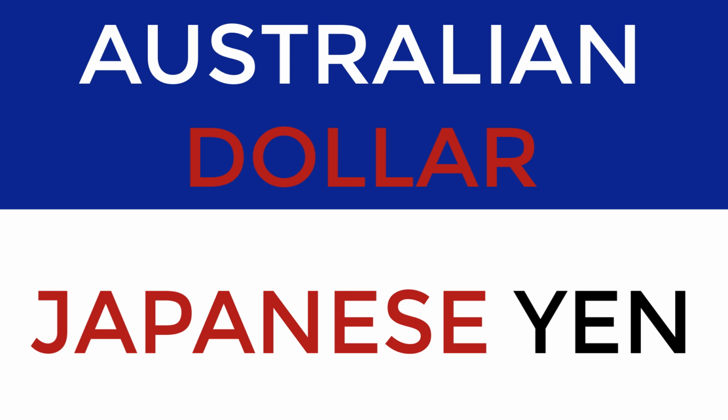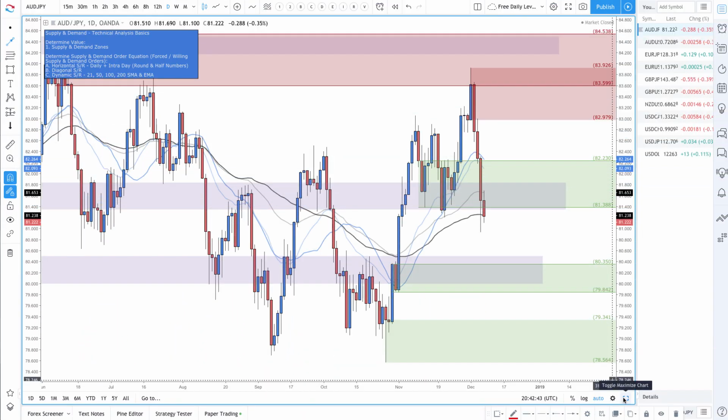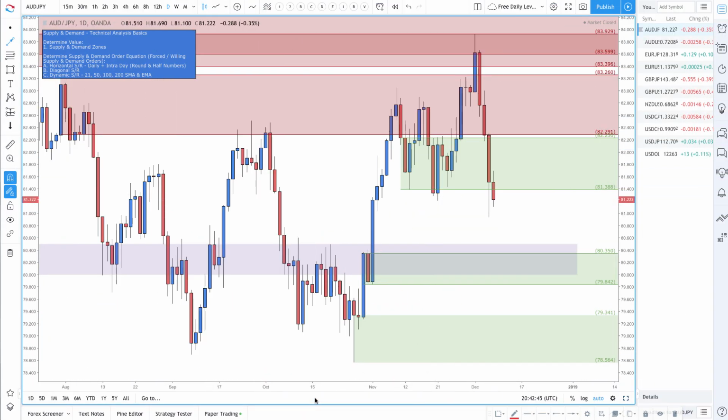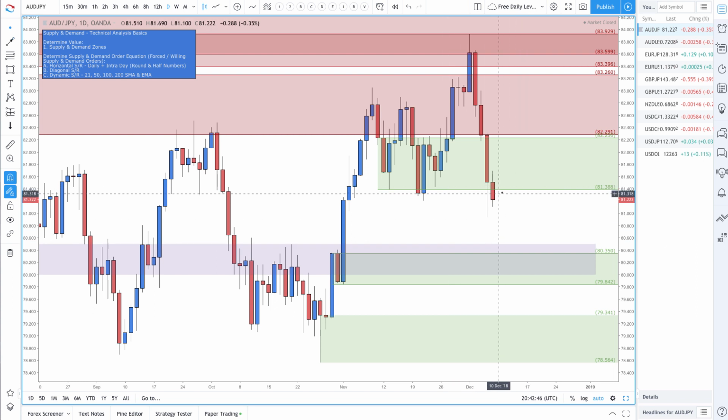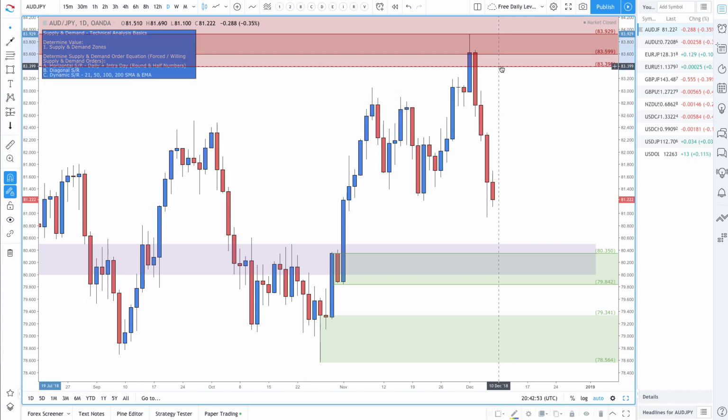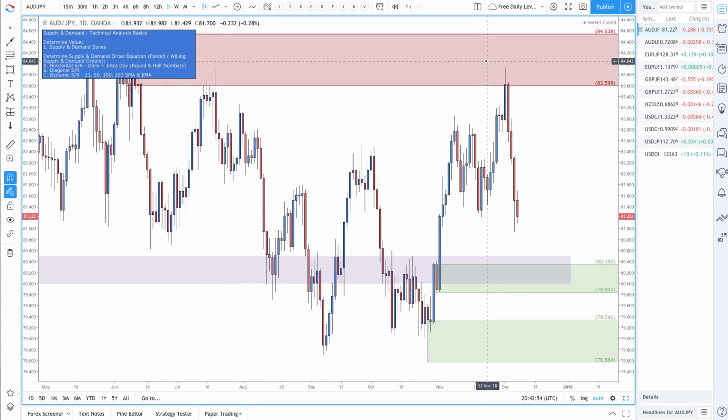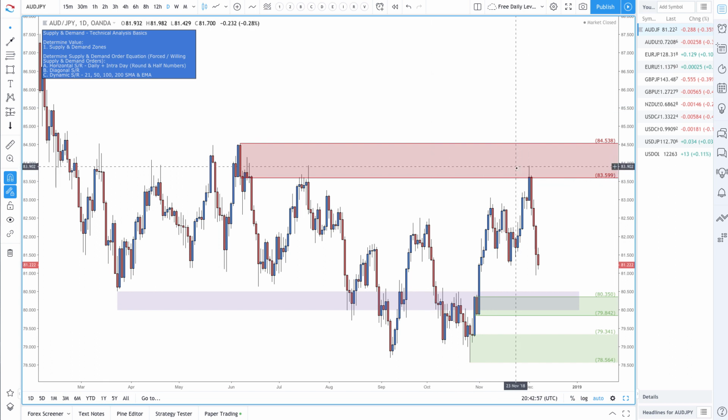Finally, we've got the Australian dollar, Japanese yen, the Aussie yen. I am going to delete some of these. So you can see prices came up into this area of supply before turning around from here.